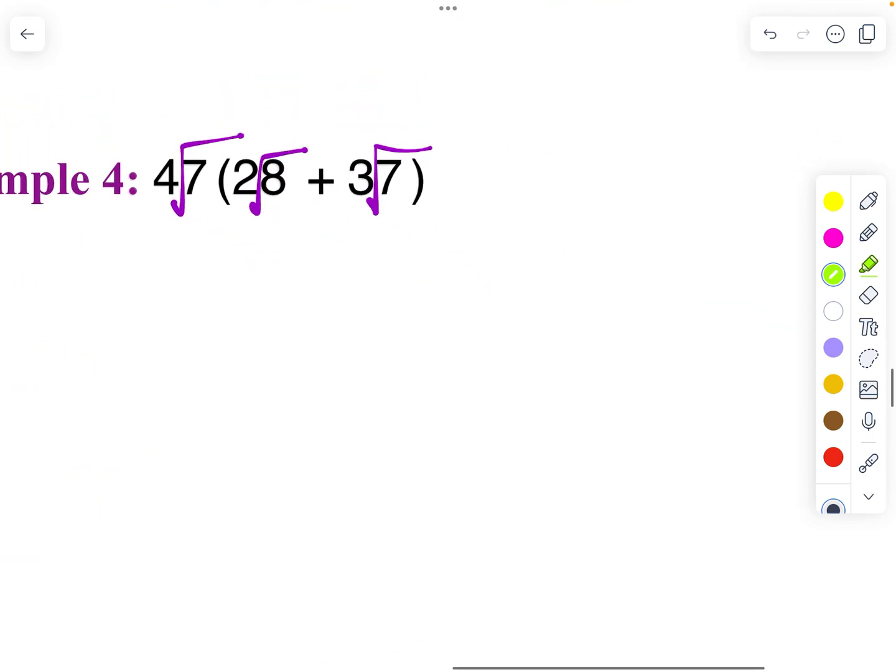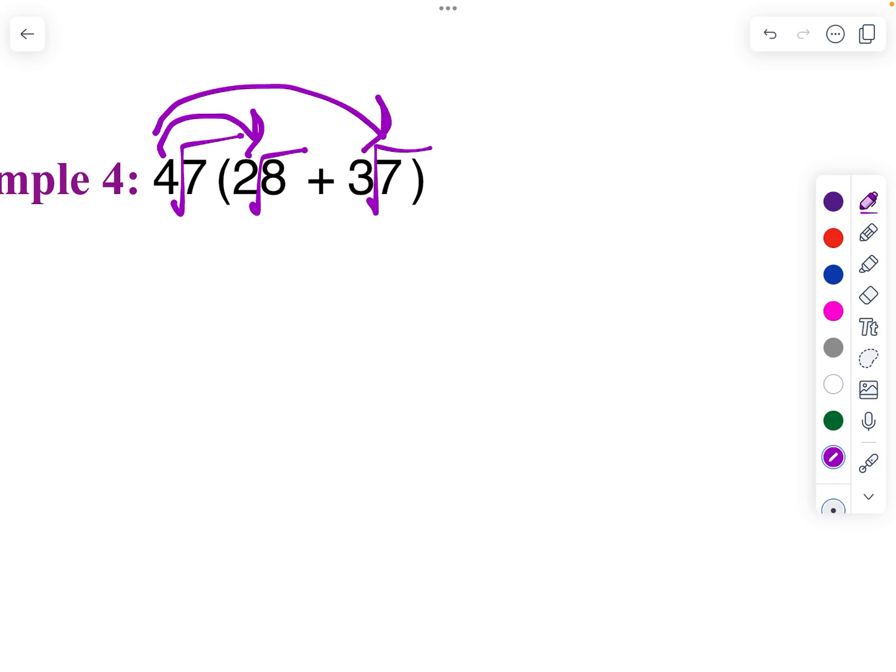Now, if I've got something to distribute, I'm going to distribute that 4 square roots of 7 to each of these. So I think I'll do that first. 4 square roots of 7 times 2 square roots of 8: 4 times 2 is 8. And I got the square root of 7 times the square root of 8. I can't break down 7, but I can break down 8.